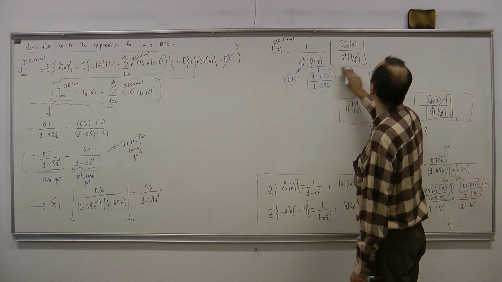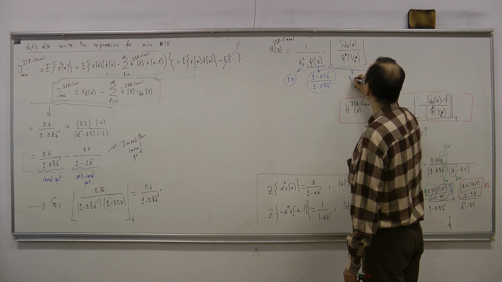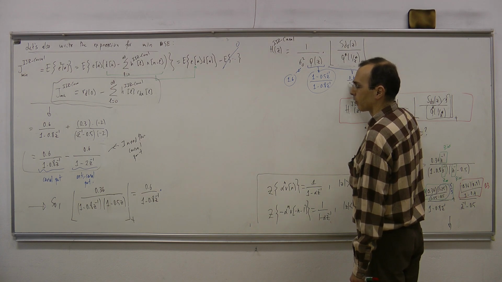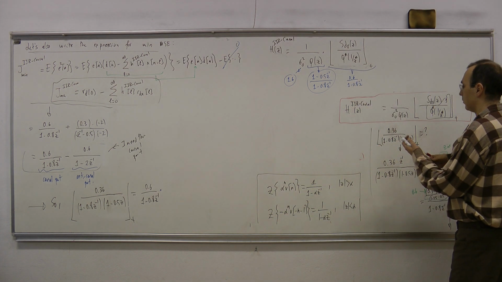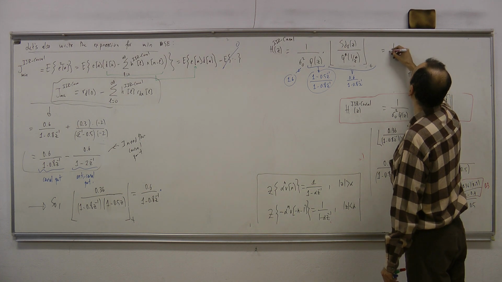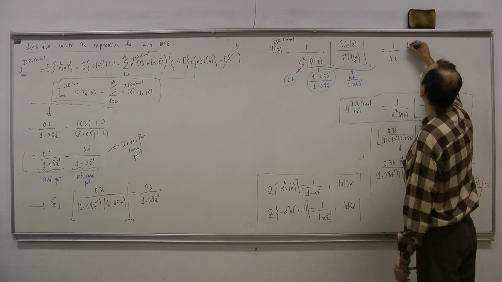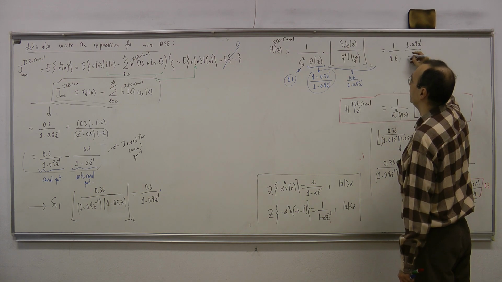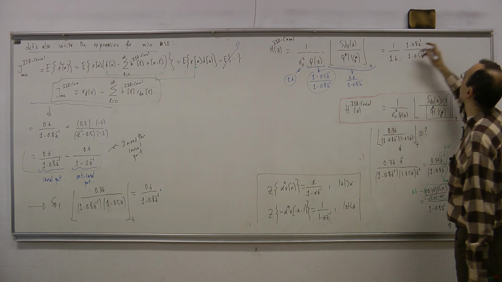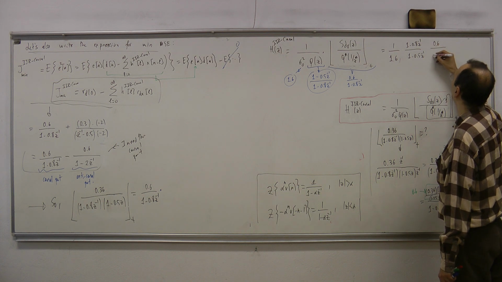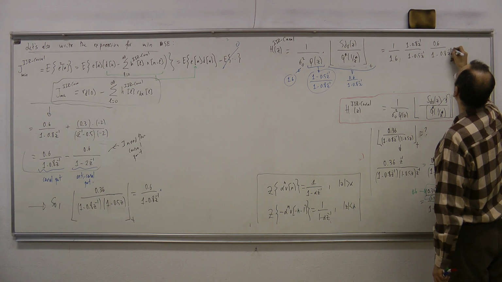It is 0.6 and 1 minus 0.8 Z inverse, 1 over 1.6 times the reciprocal of this, 1 minus 0.8 Z inverse, 1 minus 0.5 Z, times this 0.6, 1 minus 0.8 Z inverse.